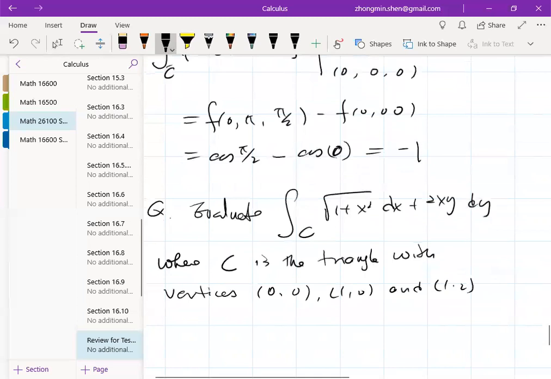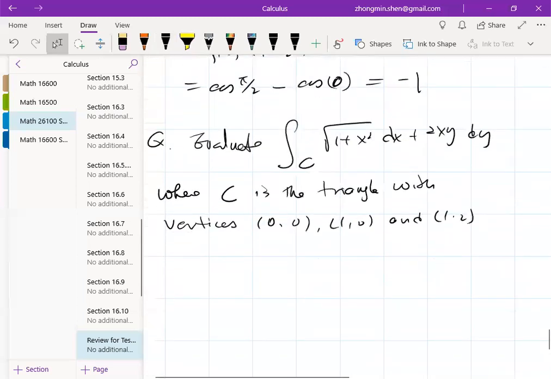All right, if the orientation is not given, usually it's counterclockwise orientation. So that means I have (0, 0) to (1, 0), going this way, then (1, 2), and going down.